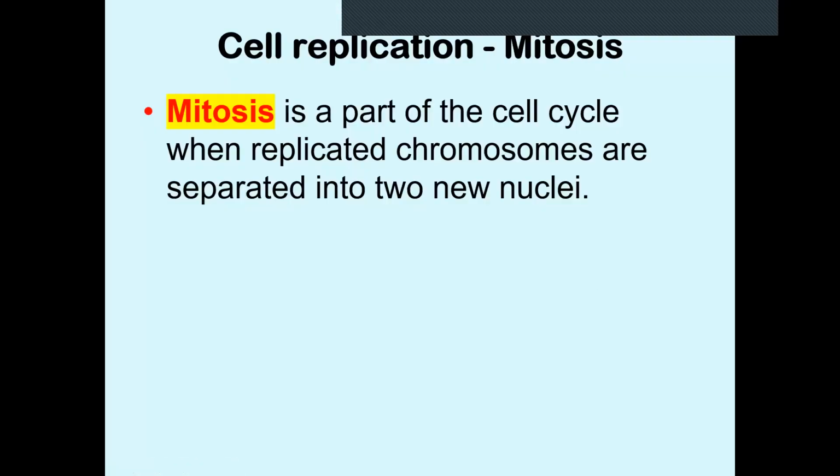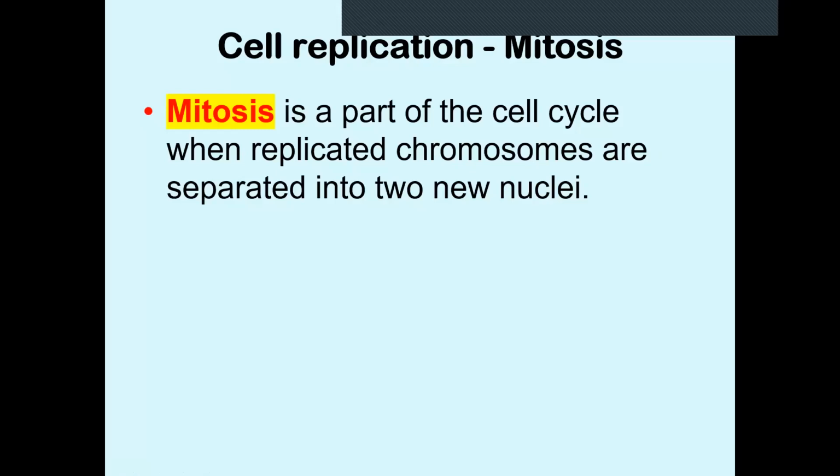Now, cells replicate, and they have 2 types of replication. One's called mitosis, and the other one's meiosis. Mitosis is when we replicate chromosomes that separate into 2 nuclei.